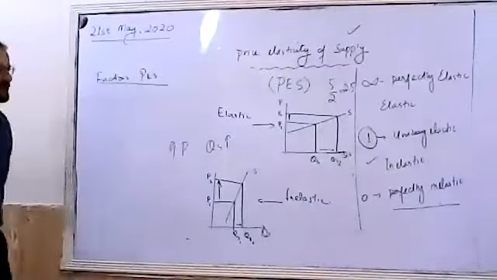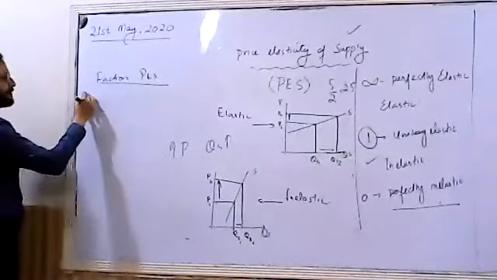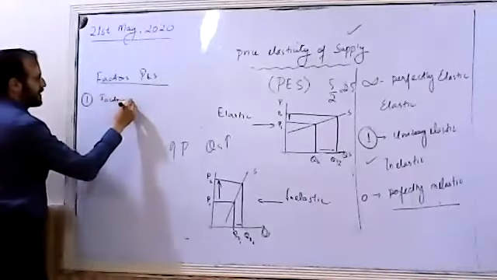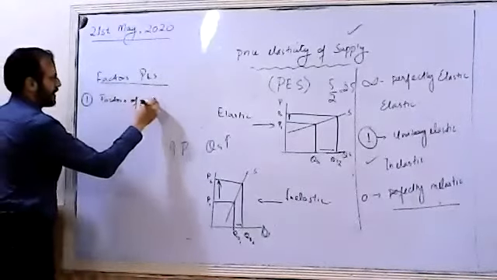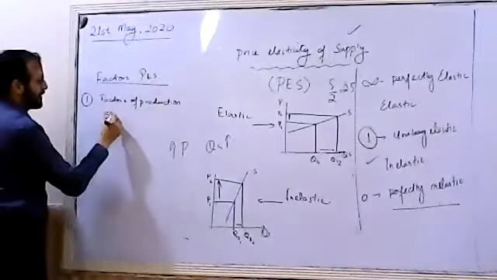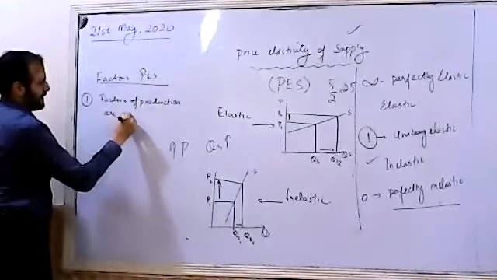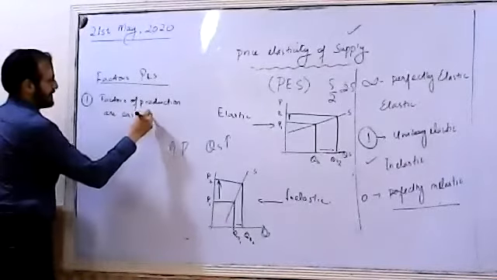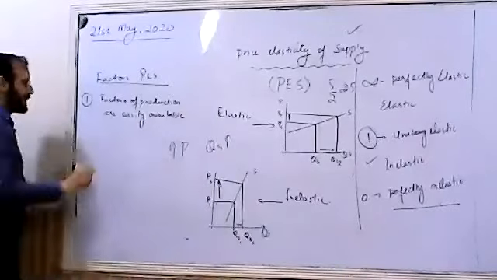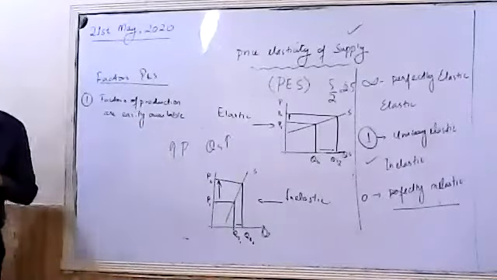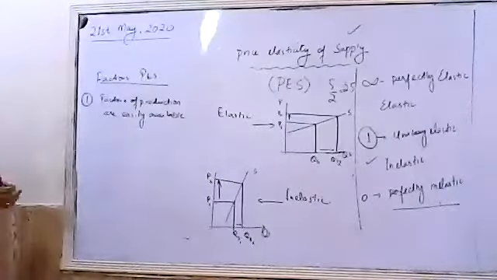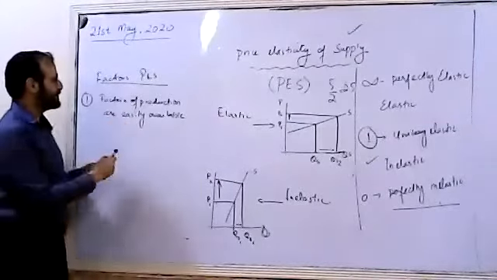So number one is that if the factors of production are easily available. This is one factor which I'm putting up on the board right now, dear students. Consider, who are the factors of production?